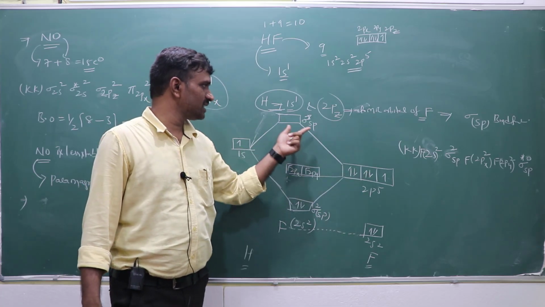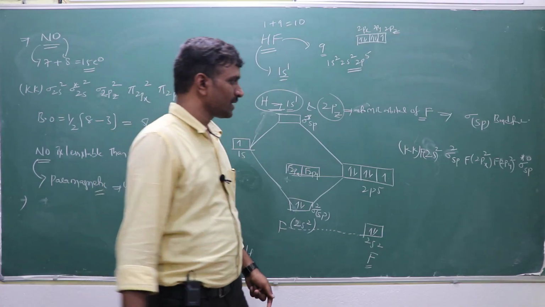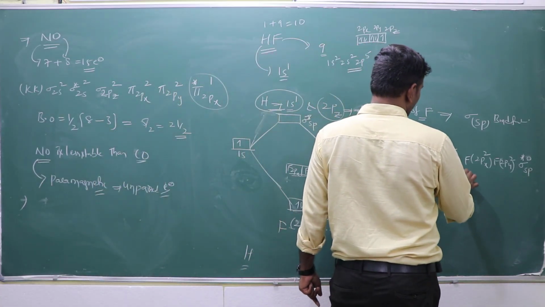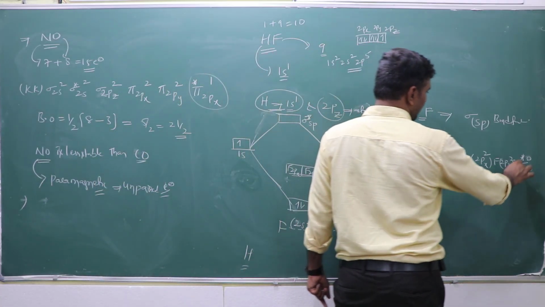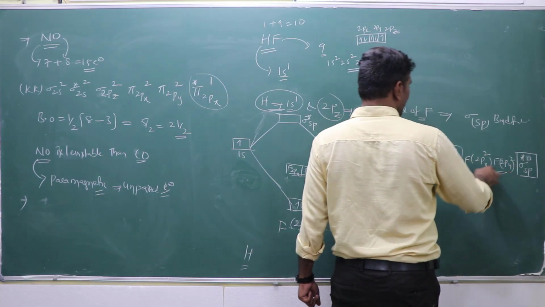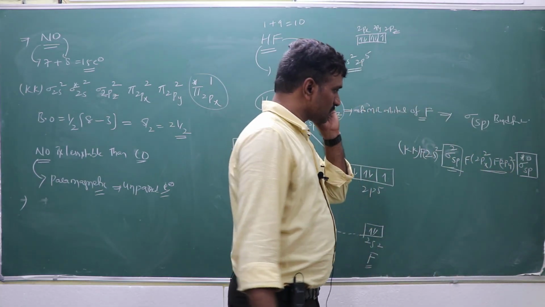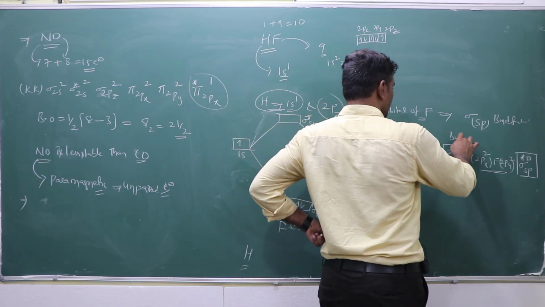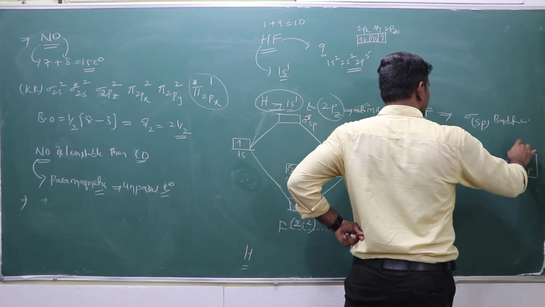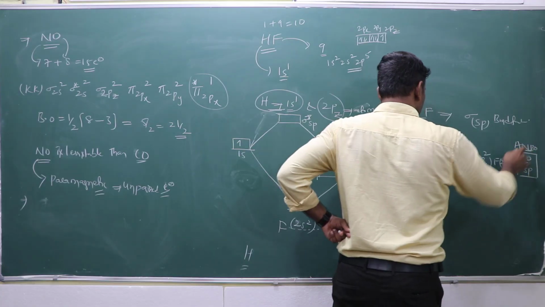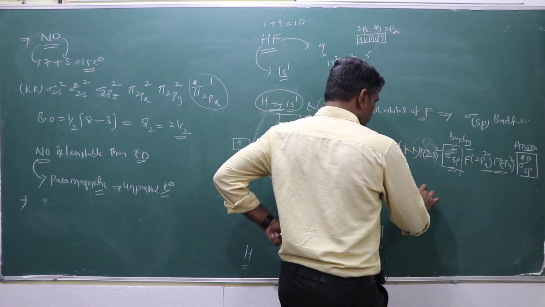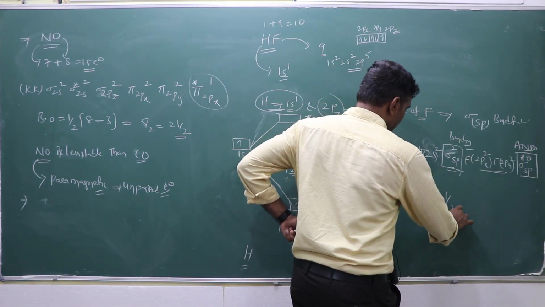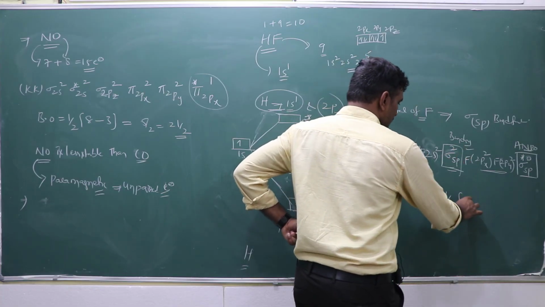These two are not participated in the bonding, non-bonding, and this one is there. So we are considering only this bonding and this anti-bonding. These are non-bonding levels. So this is bonding, this is anti-bonding. Bond order is equal to half into how many bonding electrons are there? 2 electrons.